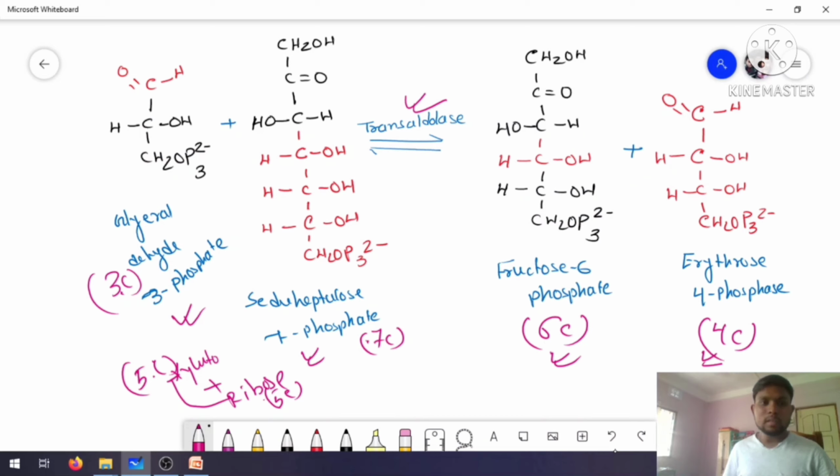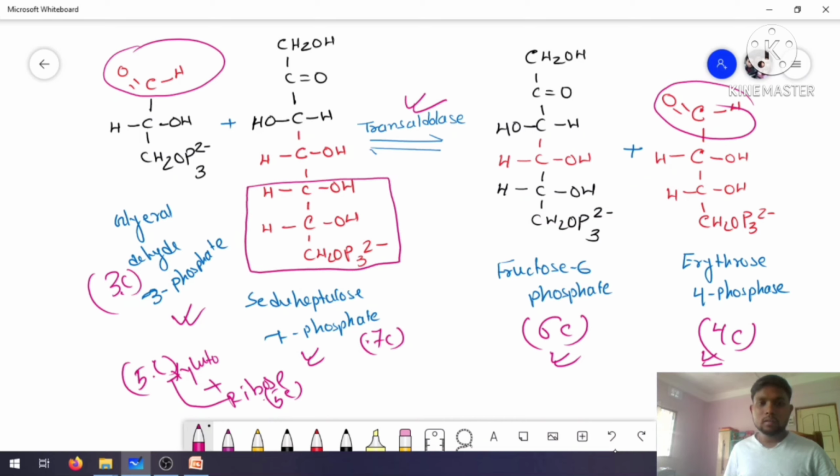Okay, see this one has come here by taking this part of this molecule, pseudoheptulase. Okay, they have joined together and they have produced erythrose 4-phosphate. It is a 4 carbon compound. What does it mean?